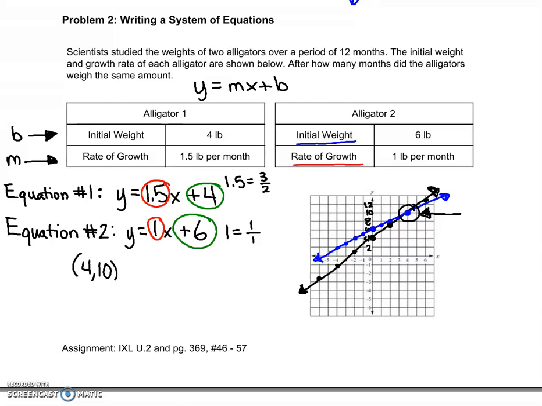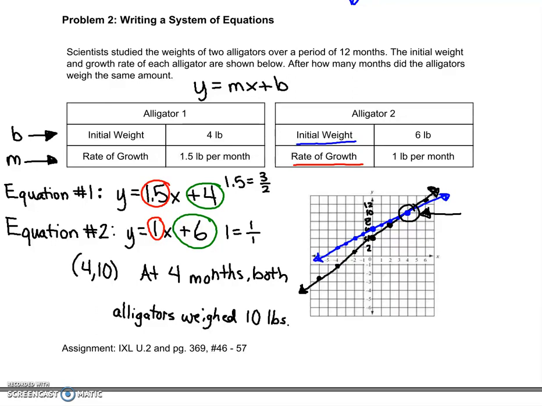So what this means is that at 4 months, both alligators weighed 10 pounds. So that's our solution. At 4 months, that was how many months they weighed the same amount.